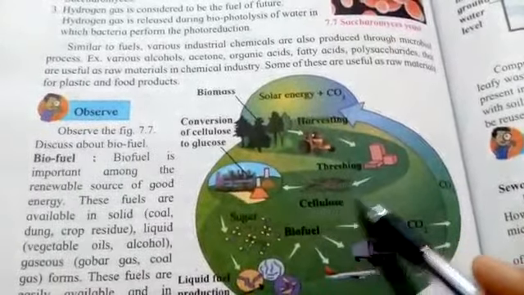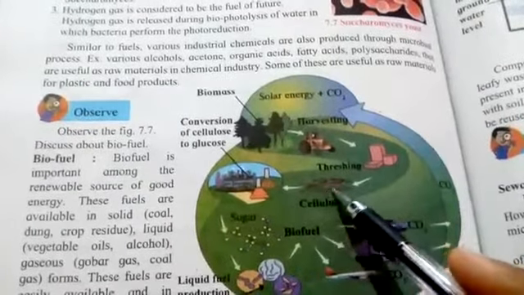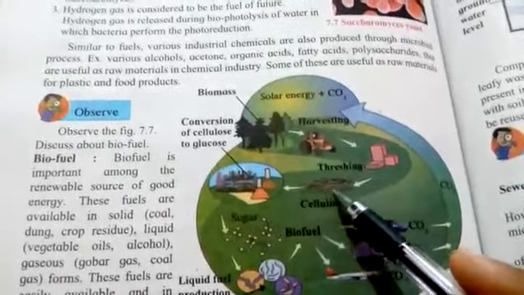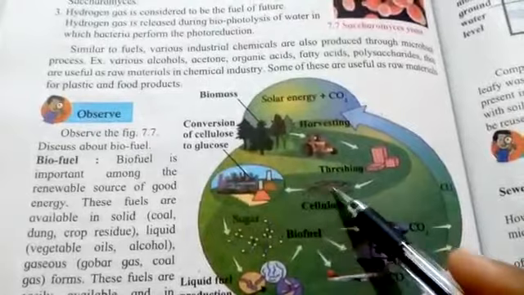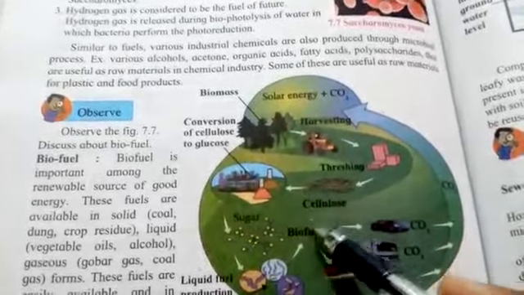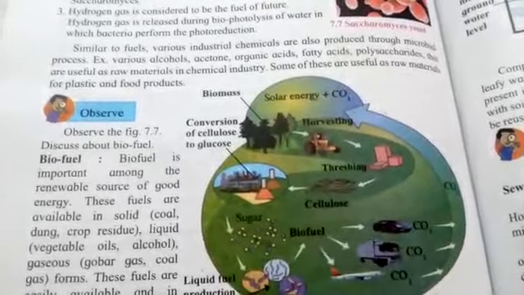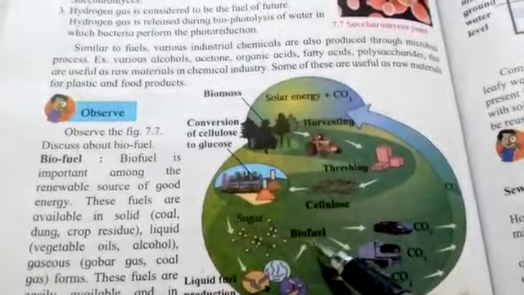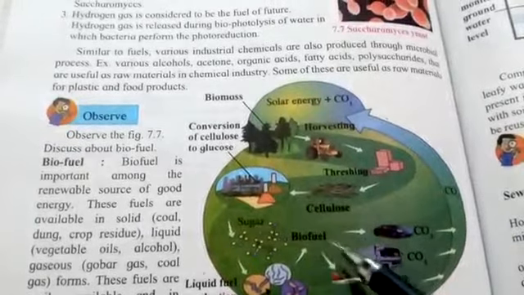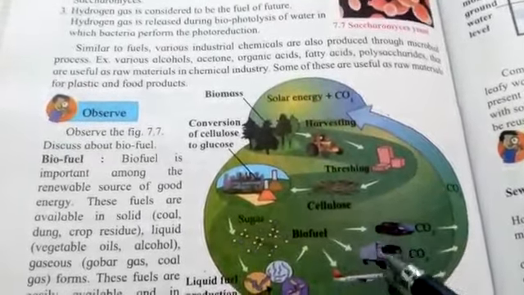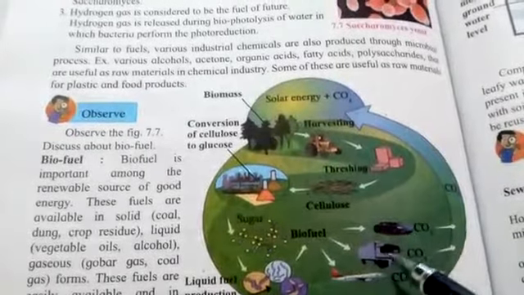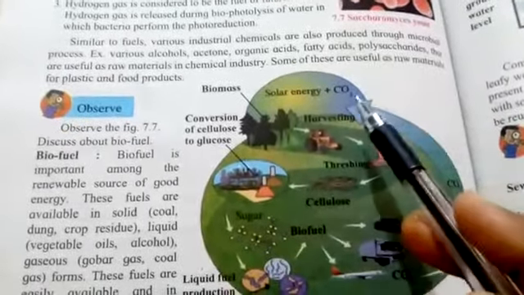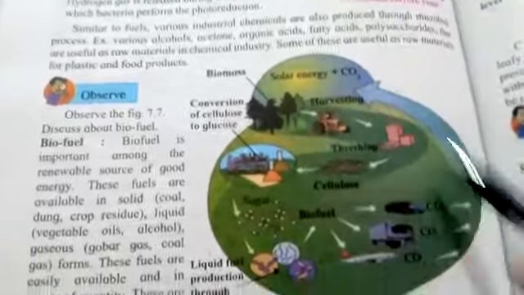Then again by the process of fermentation, if we add some microbes, anaerobic respiration will be brought about, and again it will result in the formation of a biofuel. The cellulose can be converted into ethanol, and again it will be mixed with petrol or diesel, and then it will be used as a biofuel by vehicles which will emit carbon dioxide, and again that carbon dioxide will go back to the atmosphere. So this is how biofuel production takes place.